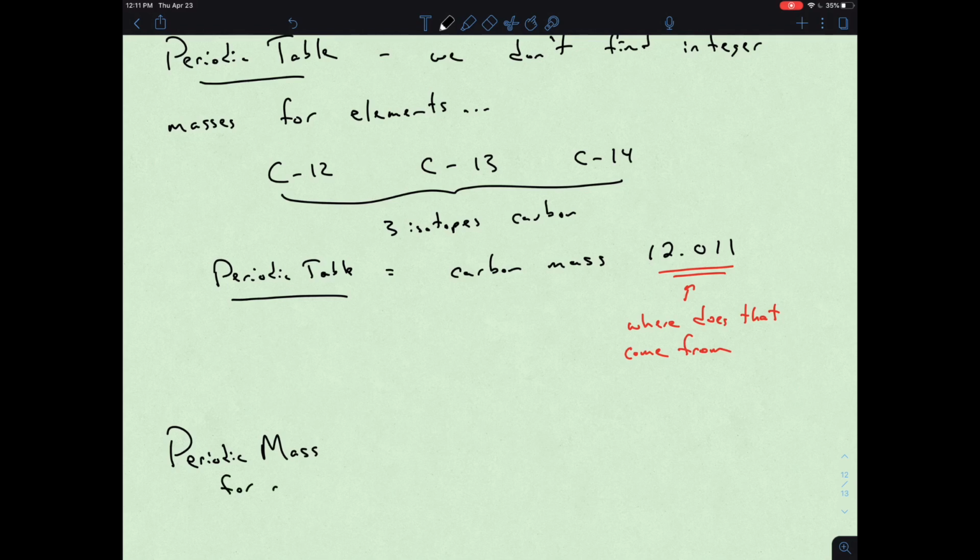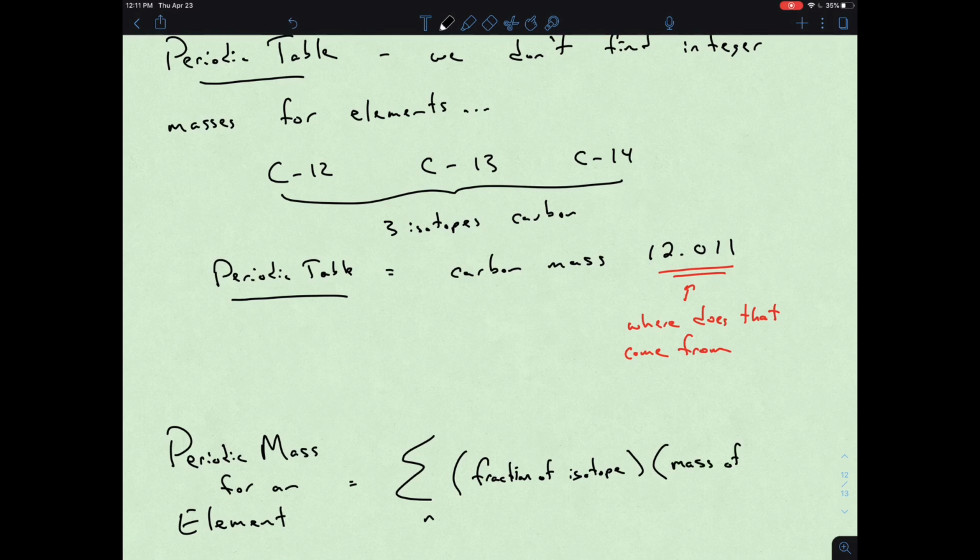If we look at the periodic mass for an element, we find it's really a weighted sum, or a weighted average, if you will, looking at the sum of the fraction of the isotope times the mass of the isotope.